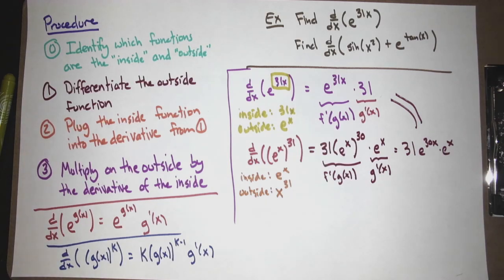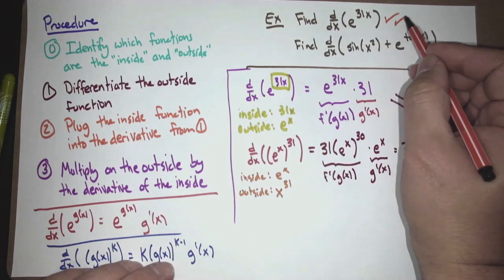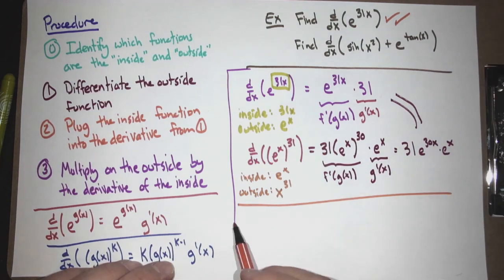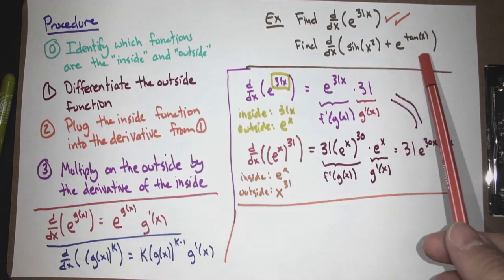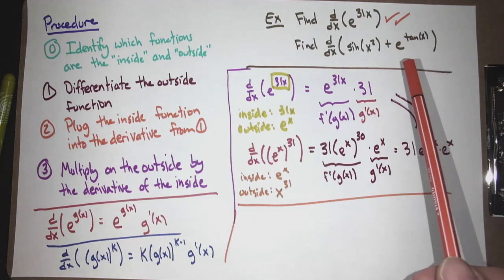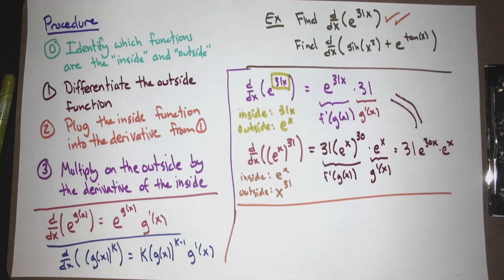All right. Well, good. We still have another one. We've done that one twice. So it's not just true. It's twice as true. We definitely know that derivative. Okay, so here we have the derivative of sine of x squared plus e to the tangent x. How do we handle that?